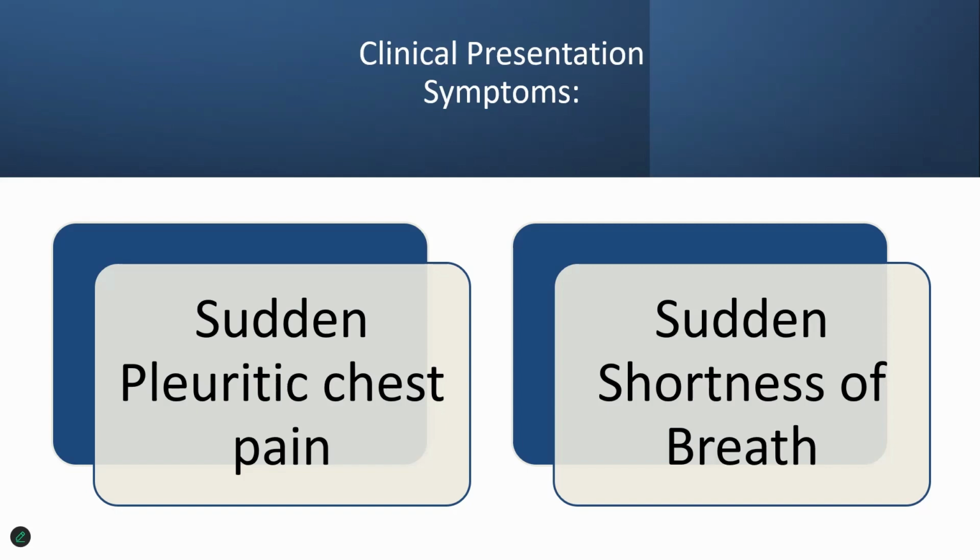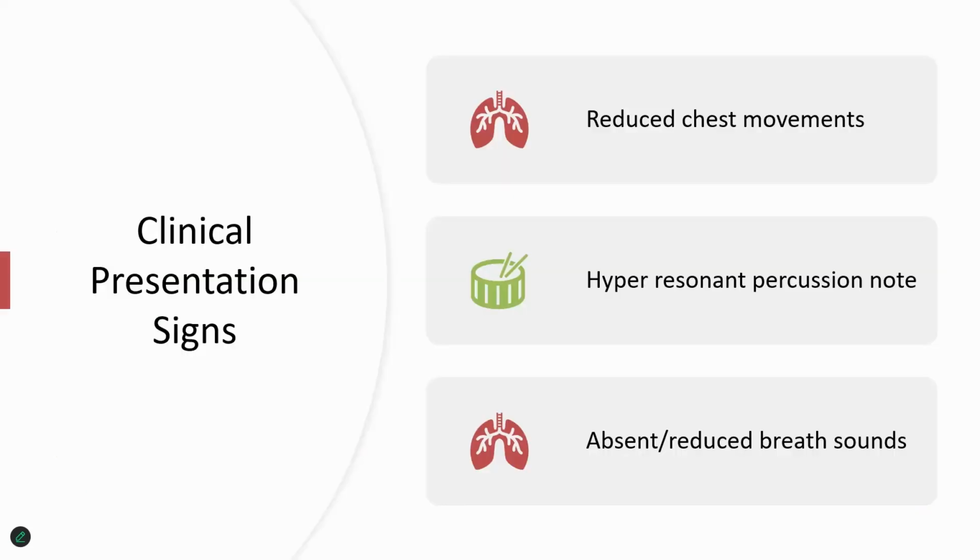How will you differentiate? On the basis of clinical examination. In pulmonary embolism, the examination will be all normal, while in pneumothorax, on the affected side, there will be reduced chest movement. And the key finding on examination is a hyperresonant percussion note, which will differentiate pneumothorax from pleural effusion. In pleural effusion, there will be reduced chest movement and absent or reduced breath sounds, but the percussion note will be dull, while it will be hyperresonant in pneumothorax.